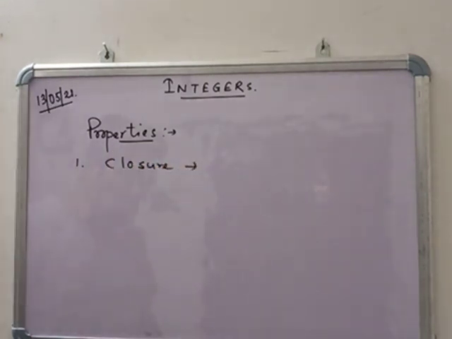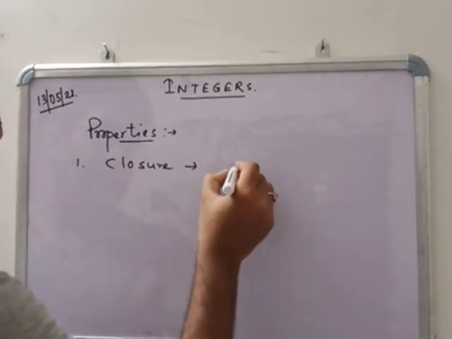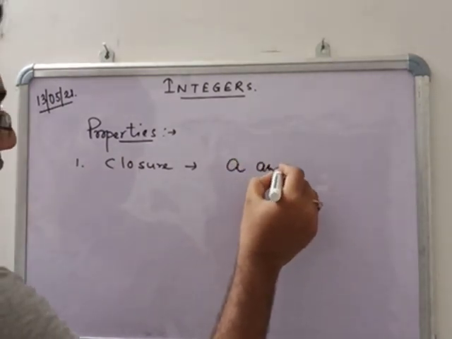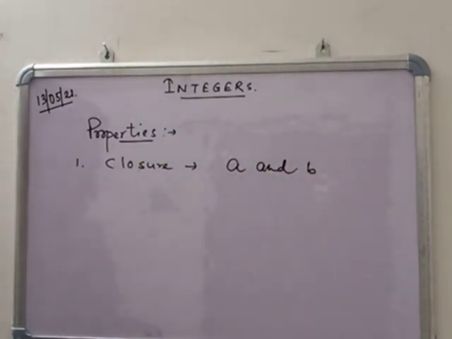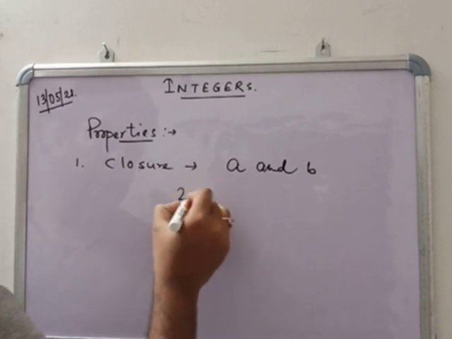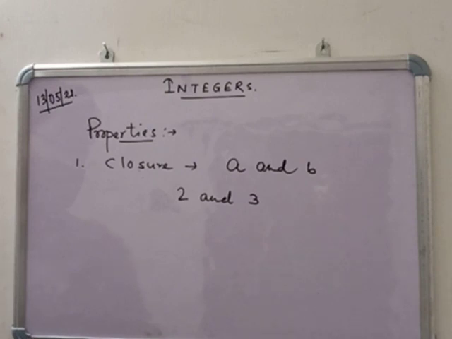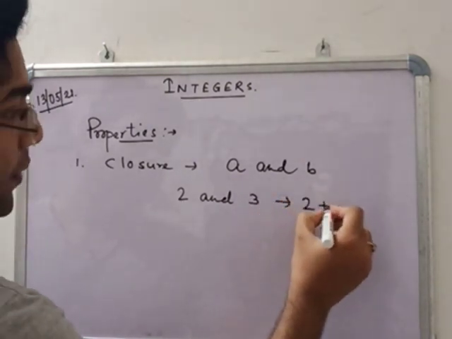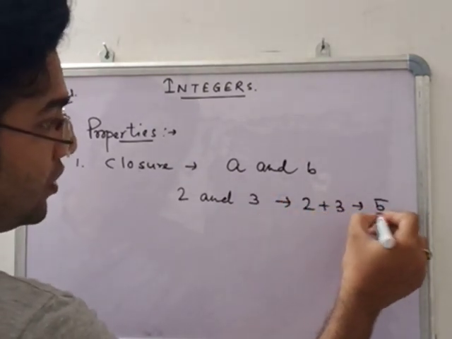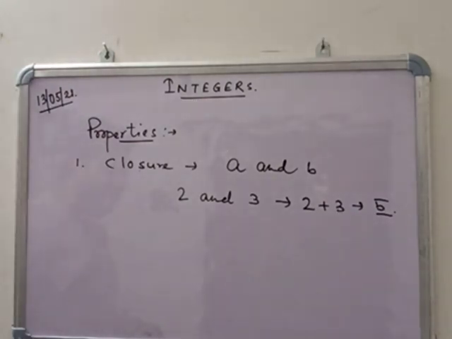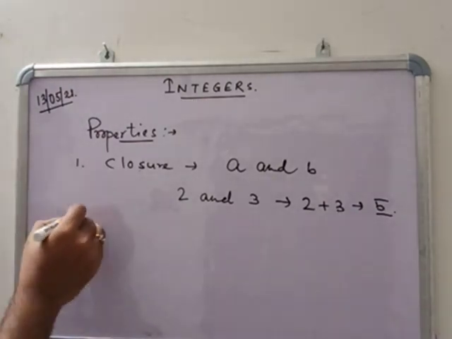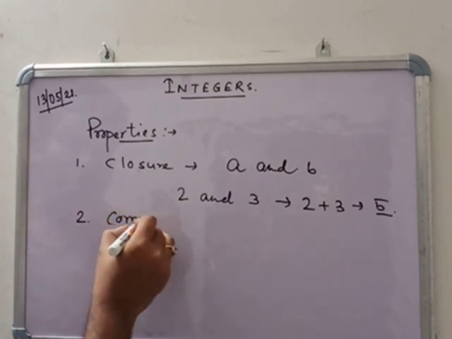The closure property means if A and B are integers, then A plus B also is an integer. That means 2 and 3 are obviously integers, so we can write 2 plus 3, that means 5, which is also an integer.